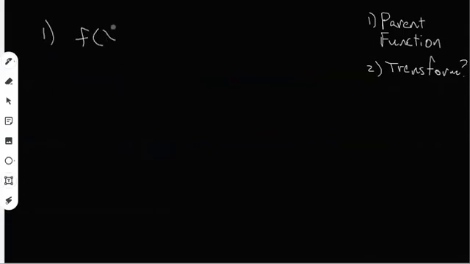Okay, so let's do f of x equals the absolute value of x plus 3. What is the parent function and what is the transformation? For this one, we know that this is the absolute value function.